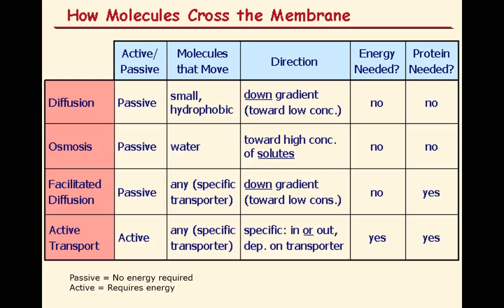That's where it gets a little tricky, because it's moving water, but the terms hypertonic, hypotonic, and isotonic are with respect to the solutes, not the solvent. The last one on here is active transport, and it's the only one that actually uses energy. If you can answer these correctly, you should also be able to answer these correctly because they are directly related to each other.